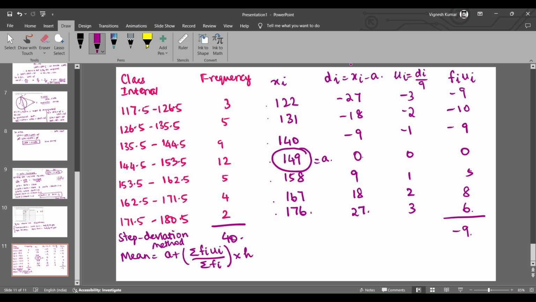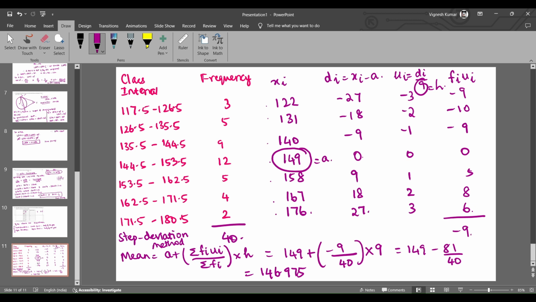So I will get the mean value to be the assumed mean 149 plus summation of fi ui, which is minus 9, divided by summation of fi, which is 40, into the value of h, which here is 9. So the final answer that I will get is 146.975.